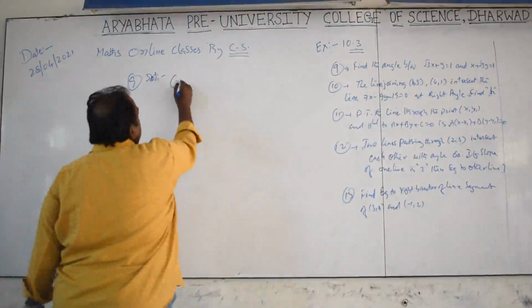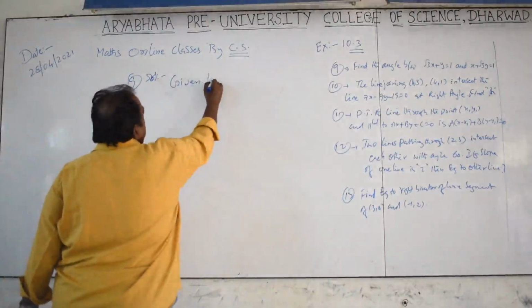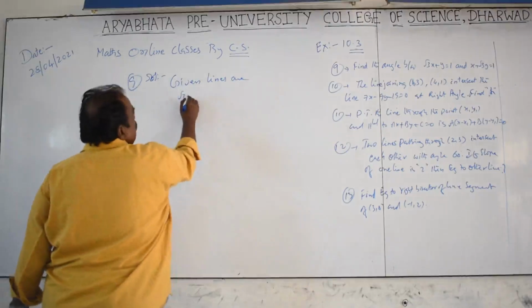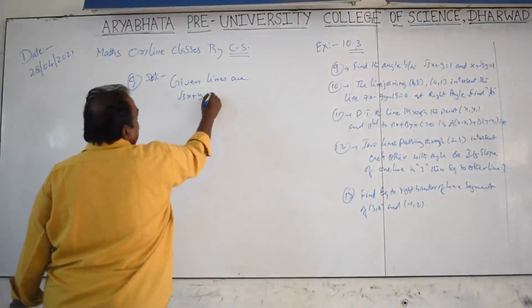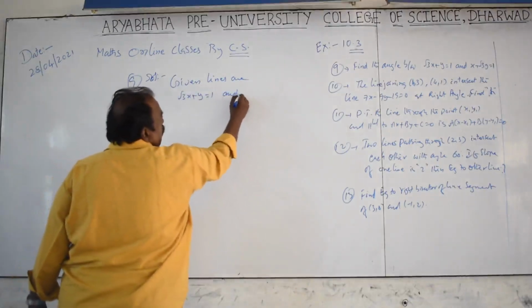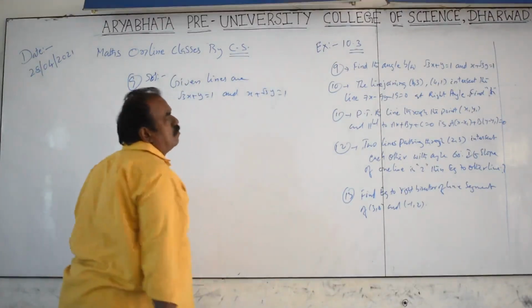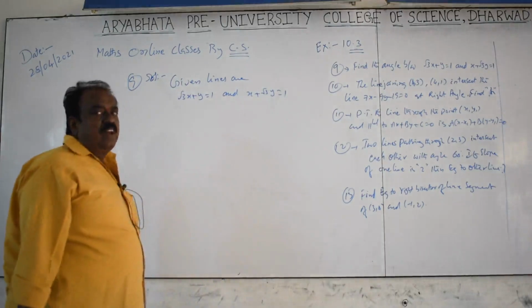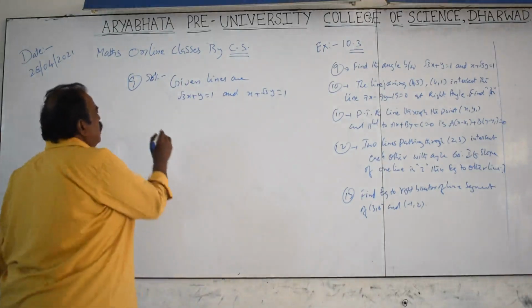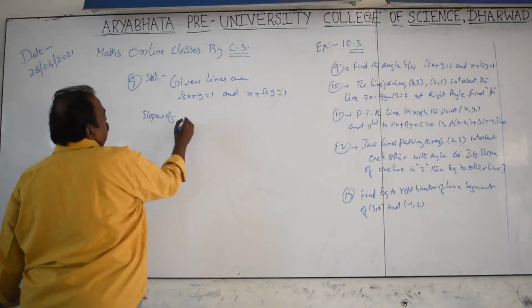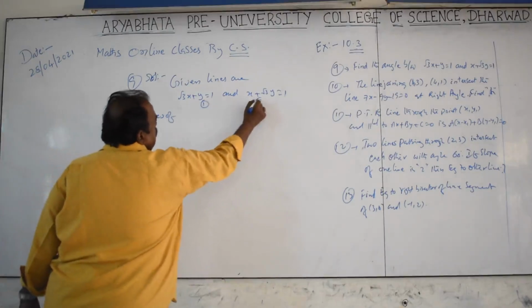You see, the given lines are root 3x plus y is equal to 1 and x plus root 3y is equal to 1. There are two lines. Let it be line 1 and line 2.